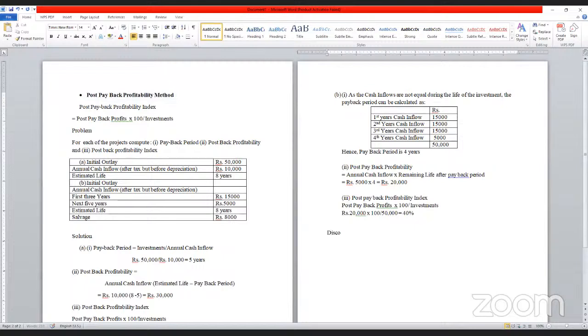One problem I'll explain. Go to the next page.